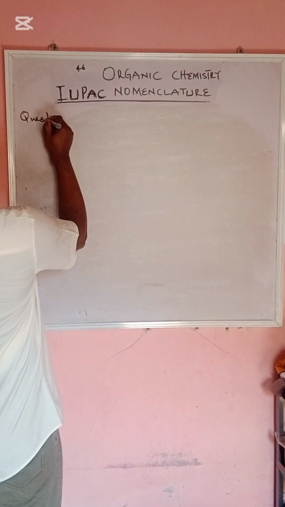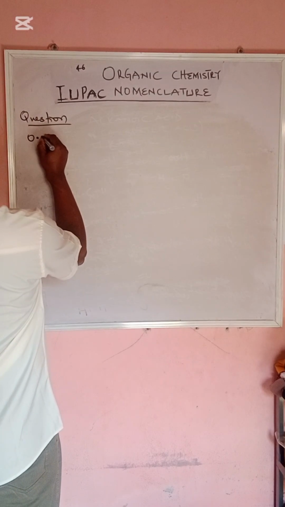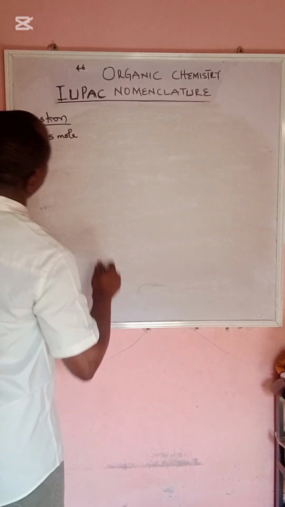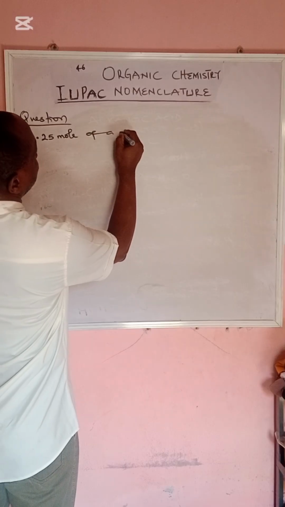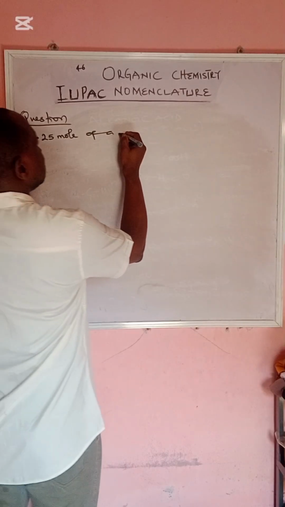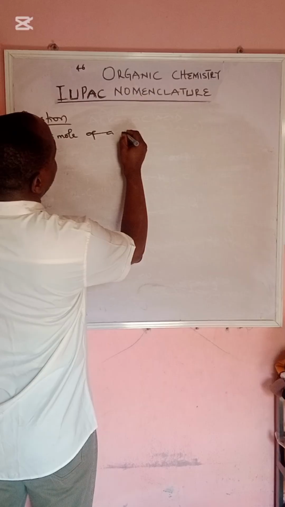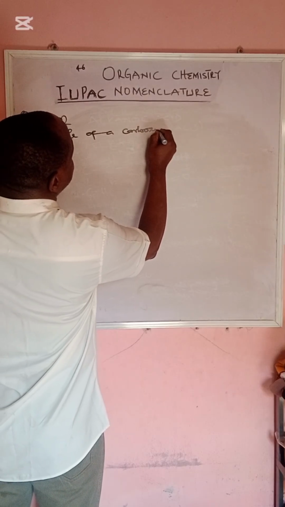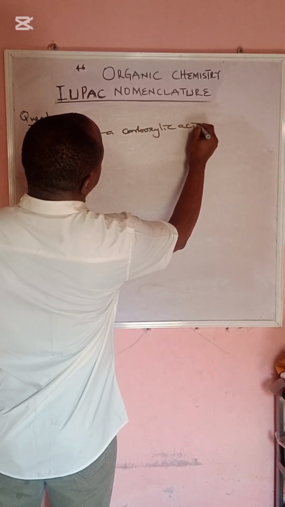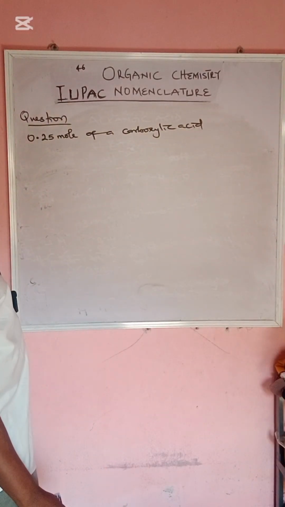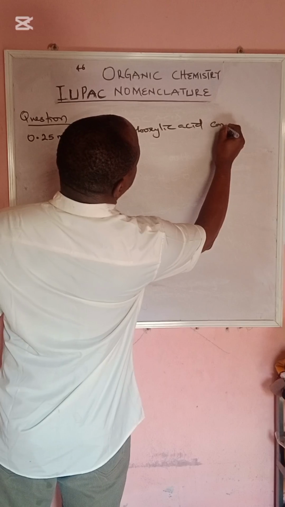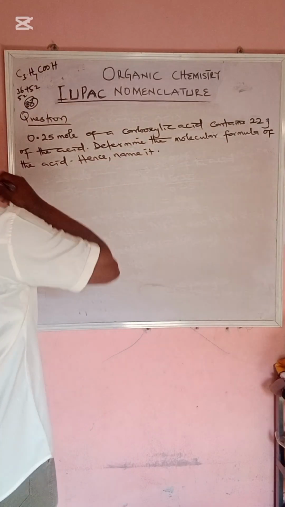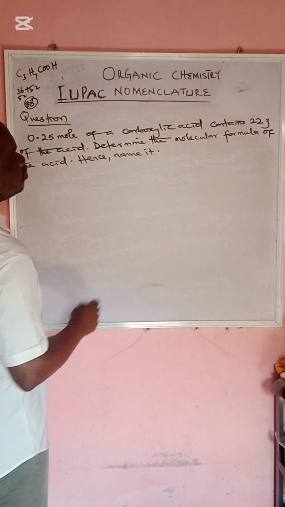Let's see the question. 0.25 mole of a carboxylic acid contains 22 grams.